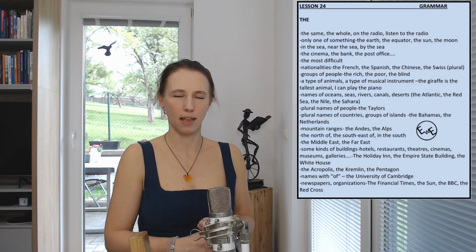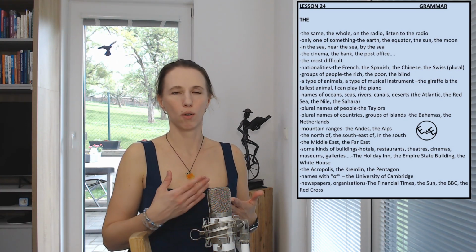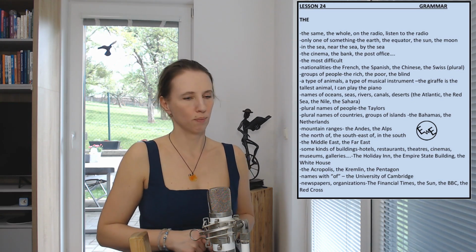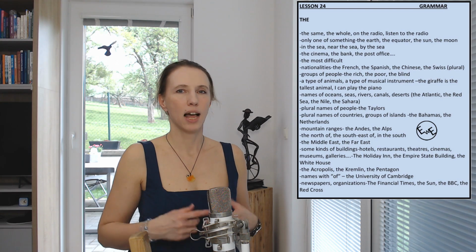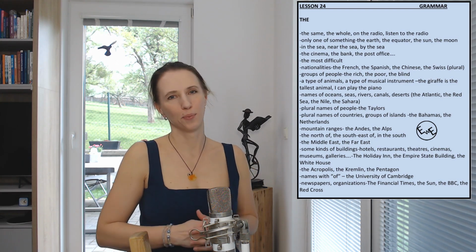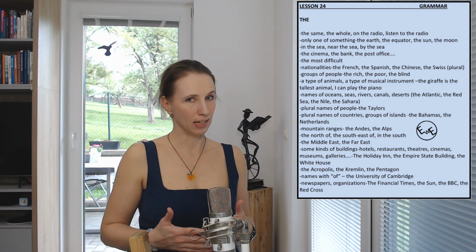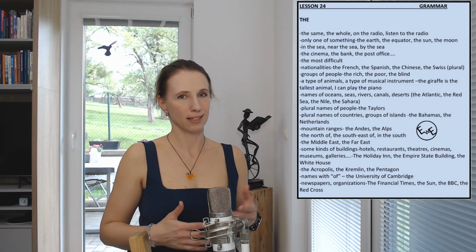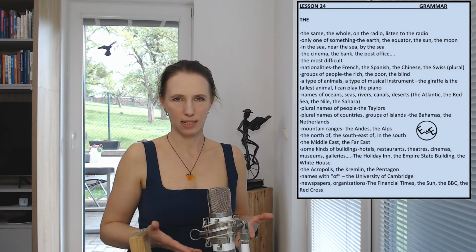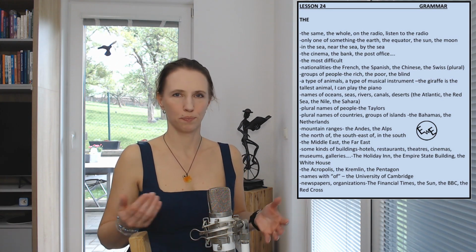We also use definite article with the same, the whole. On the radio. Listen to the radio. In the sea, near the sea, by the sea. After prepositions, in the garden, in the cinema, in the house.